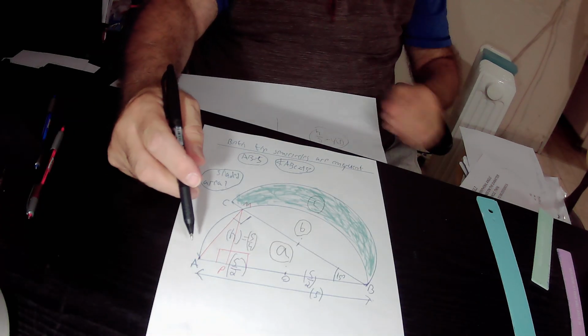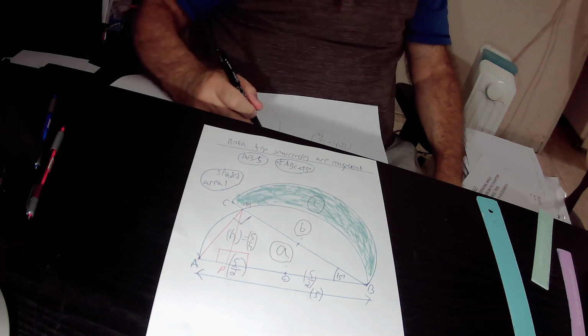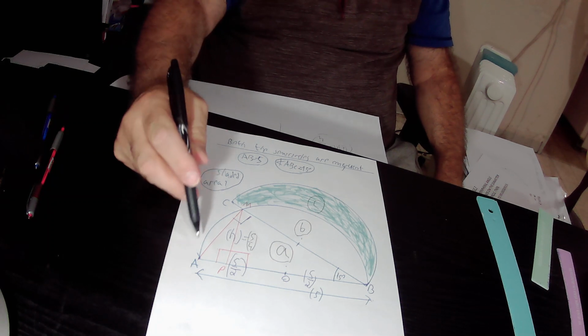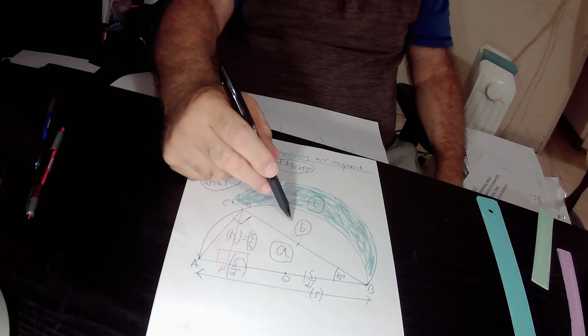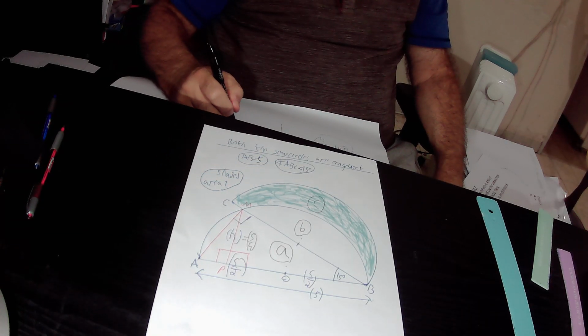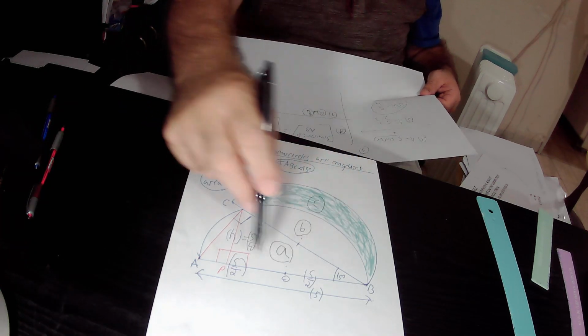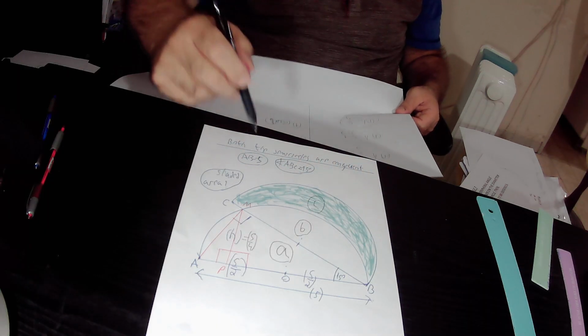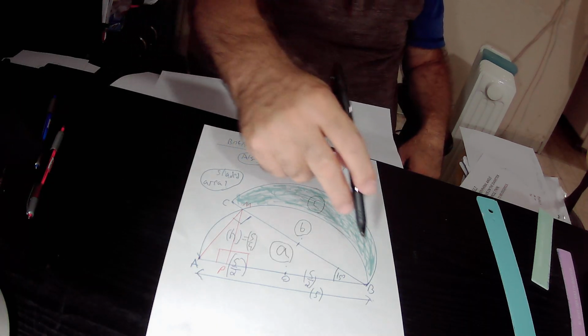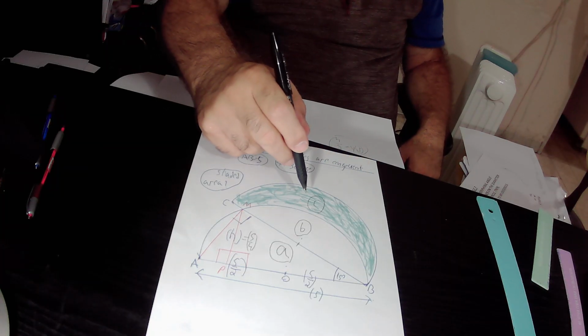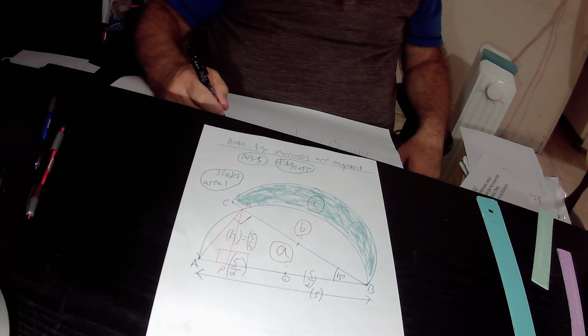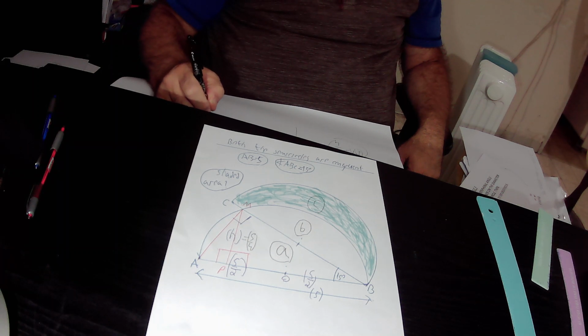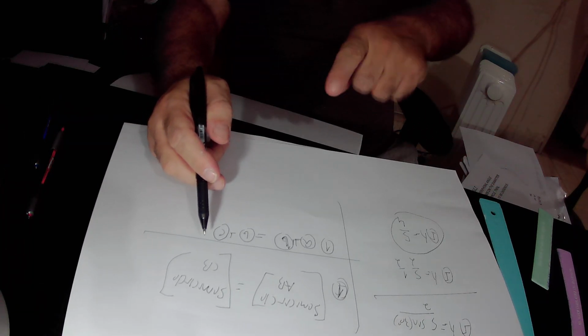But what is the area of this semicircle AB? From the drawing, it is very easy to see that the area of the semicircle AB equals A plus B. And the area of semicircle CB in total equals B plus C. So the area of semicircle AB equals the area of semicircle CB because they are identical.